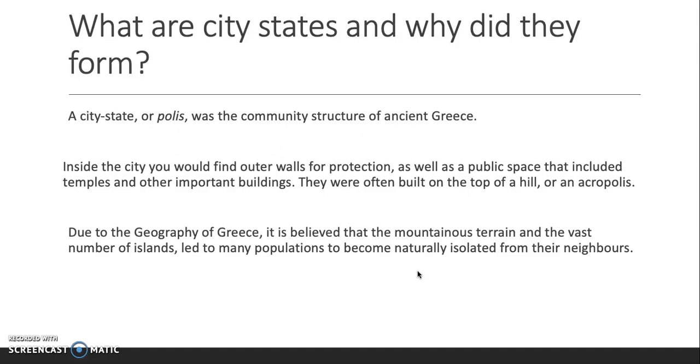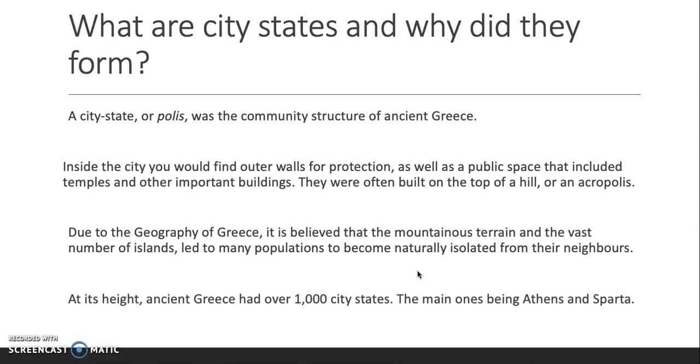With city-states, that was a bit of a difficult problem because they couldn't really navigate their way around mountains, so that is what tended to happen. This isolation from their neighbours meant that they struggled to communicate with them and have a lot of commonalities with their neighbours.